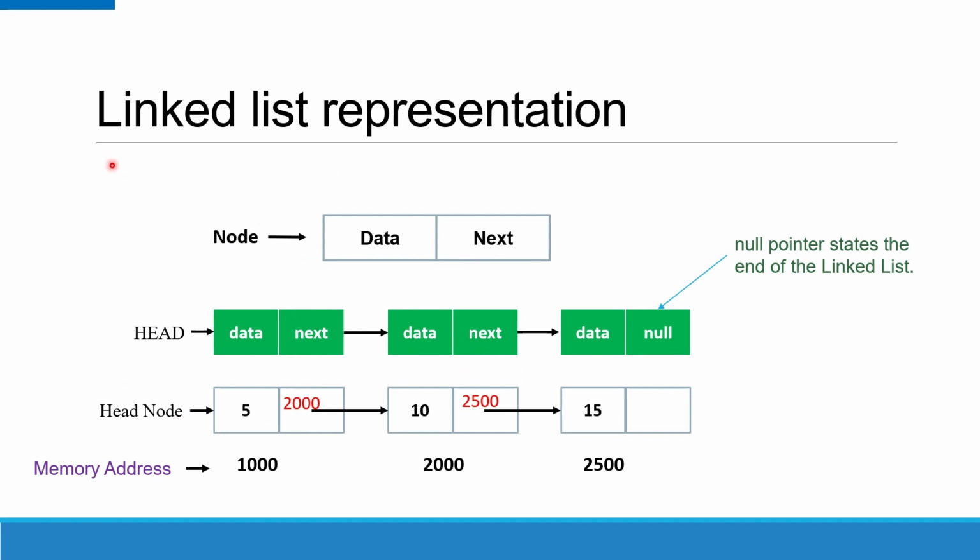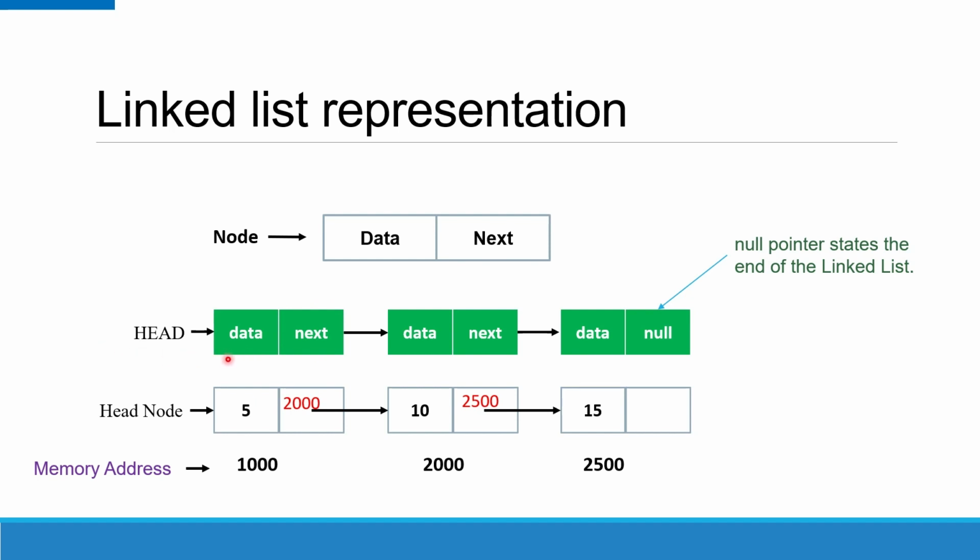Next we'll see an example for linked list representation. A node contains two things: the data field and the next field. Data contains the actual data and the next field contains the address of the next node. Let's see an example. The first node we call the head node.